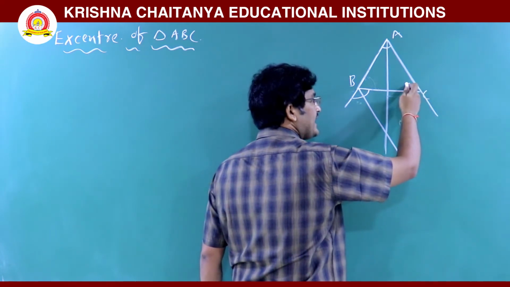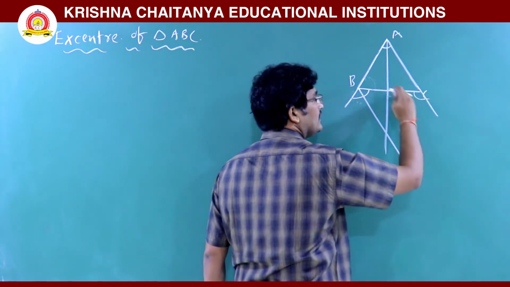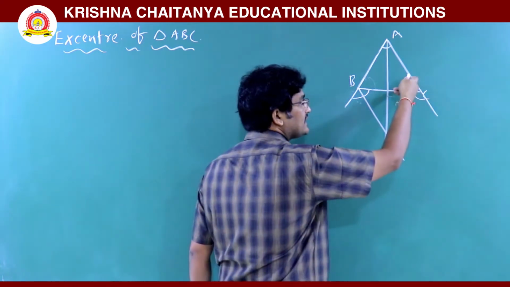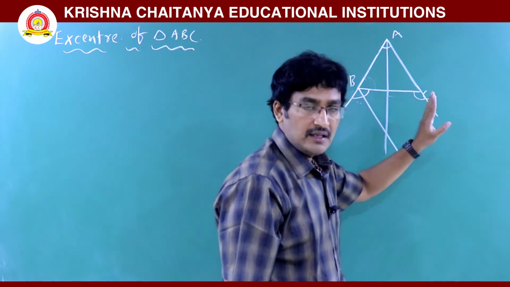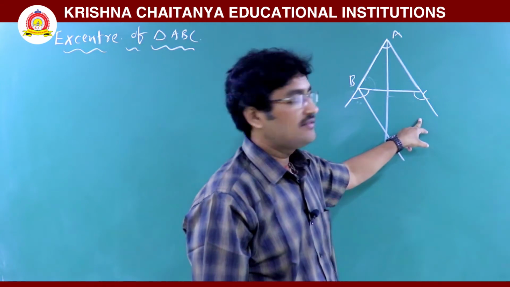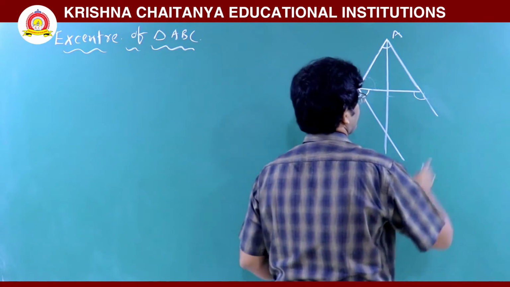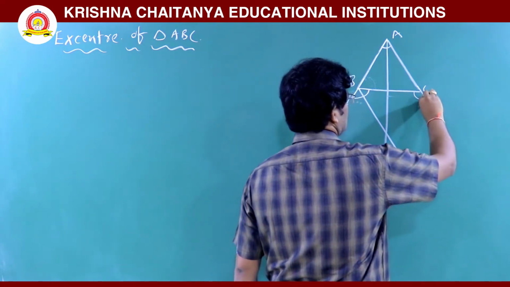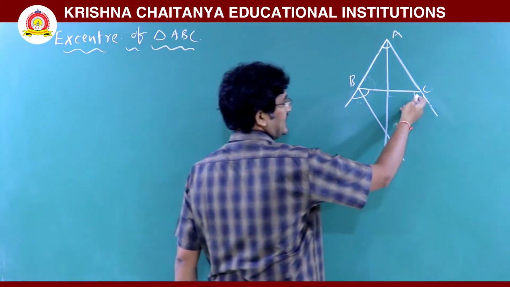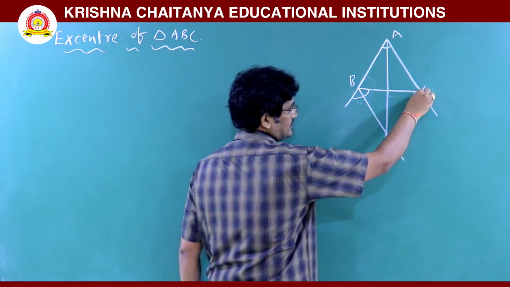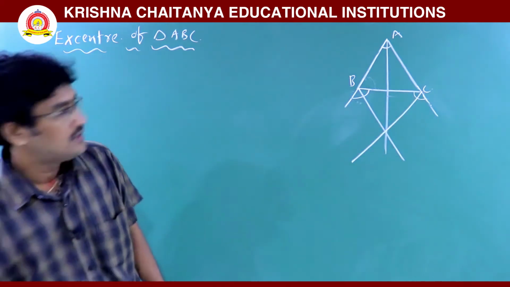This is also the angle between the same two lines, but it is outside, the external angle of C. Now, I draw one line passing through C which bisects this angle like this. So, you have to observe.